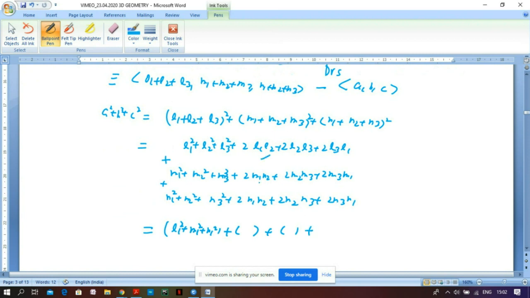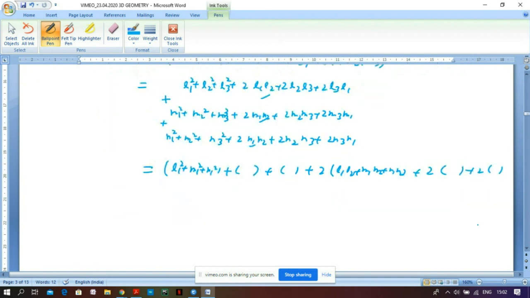And this one gives you twice L1 L2 plus M1 M2 plus N1 N2, and twice two similar terms. Now because the lines are perpendicular and L1 M1 N1 are direction cosines, these sums become 1 each, 1, 1, 1, and the others all go to 0, 0 and 0. So this is 0, and so you are getting 3 here.